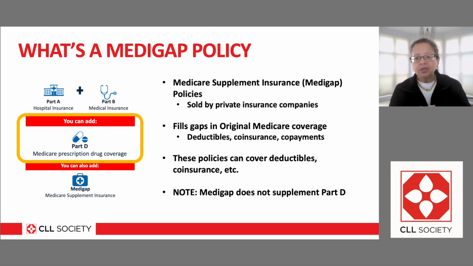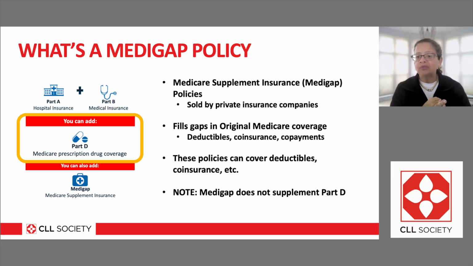The other important thing to know is that Medigap applies when you buy a Medigap policy to help you with your out-of-pocket costs in original Medicare, meaning that you get Part A for free. You buy coverage for Part B, like we just spoke about earlier, and then you have those out-of-pocket costs.